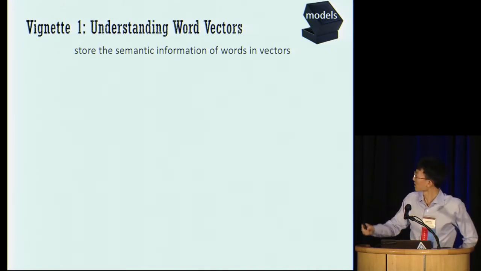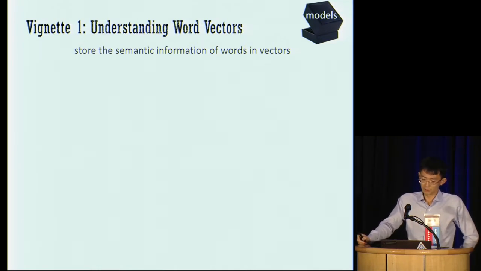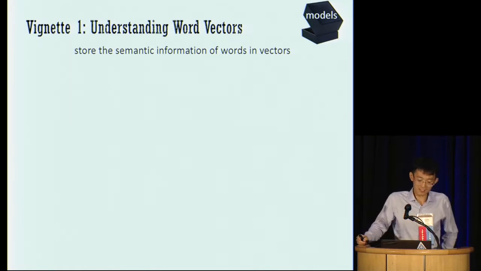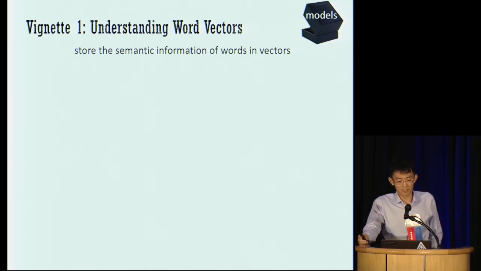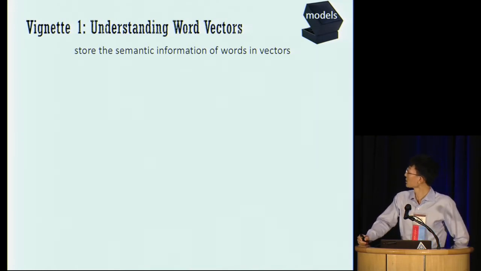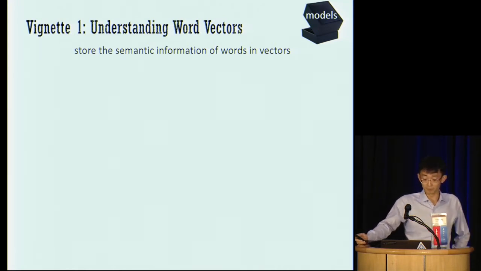This is the same thing as James talked about, so I just call it word vectors. This is about understanding the modeling part of deep learning, and I'm also going to talk about the bright side of it instead of the dark side, the understanding of the black box. As in James' talk, the main idea here is that we want to store the semantic information of words in vectors so that we can use them.